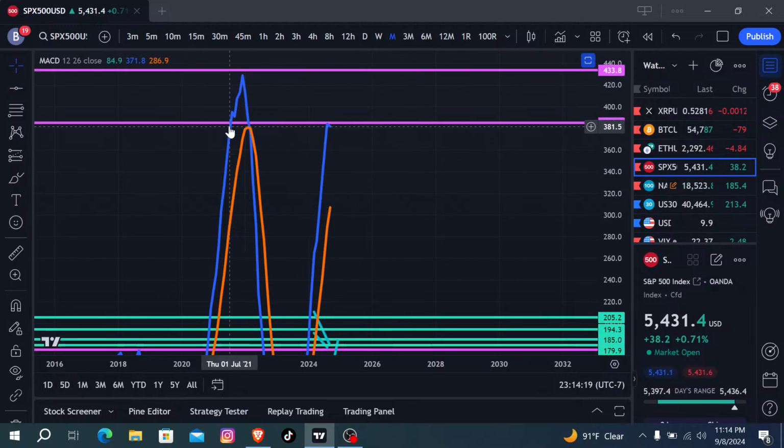And you can see right here, it just so happened to stop right where the monthly support area is. It makes sense because we just had a big fall this week. So this indicator is showing you that we're maybe going to take a little stop right here, kind of like we had right here in this area when we were moving up.